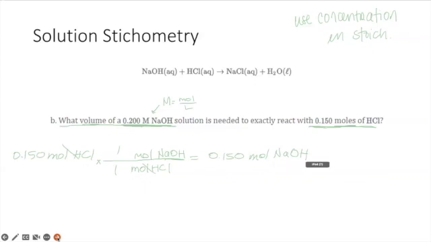I am now in moles of NaOH, and I want to know what the volume is, and I'm given molarity. So we know that molarity is moles over liters. So I'm going to set this up as the molarity that I'm given equals moles over liters. And we have now solved for moles, and the question asks us for a volume, so it makes sense that our liters are what we need to solve for as our variable, as our x.